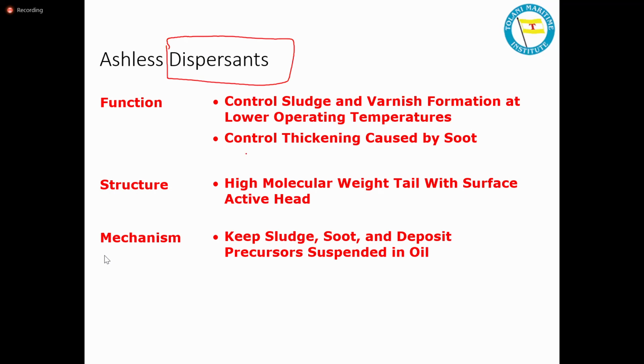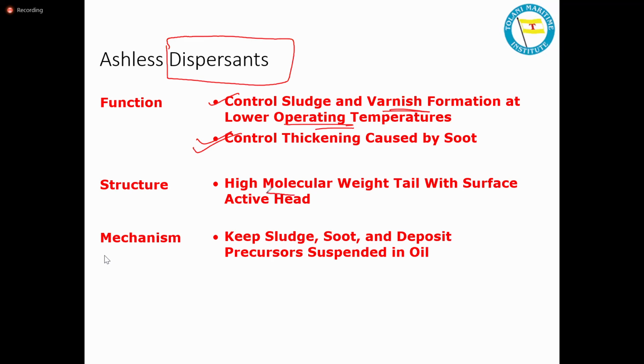So what they will be doing is controlling the amount of sludge formed, and controlling sludge and varnish formation at low operating temperature. They will control the thickening caused by soot. Soot may be formed, so they will try to keep that soot homogeneously distributed across the entire lot of lube oil, and not just the oil in the crankcase.